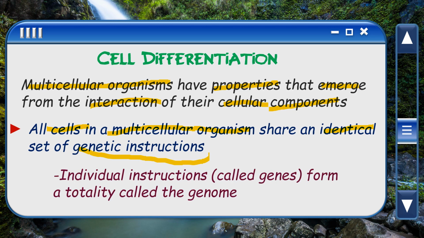Individual instructions are called genes. Those individual instructions, we refer to them as genes. And the genes form a totality which we call a genome. A genome is the summation of all the genes that we find in an individual.